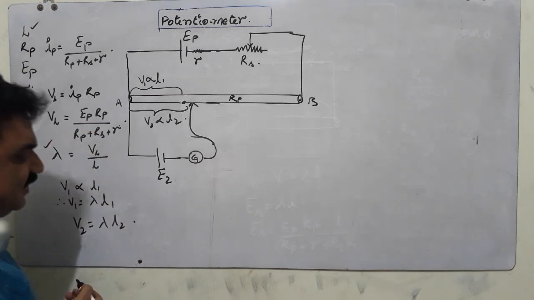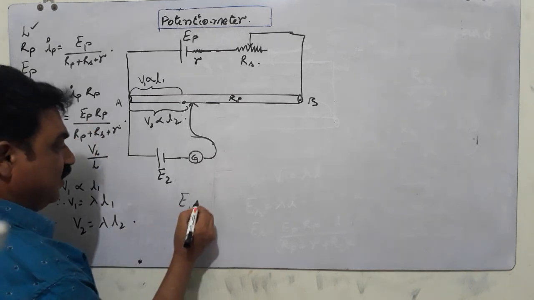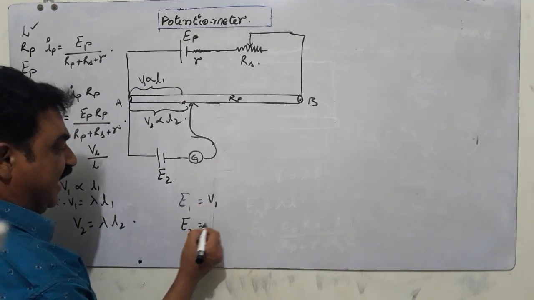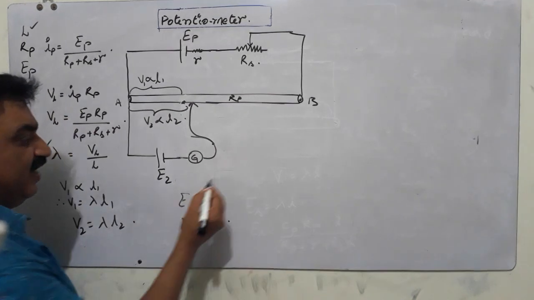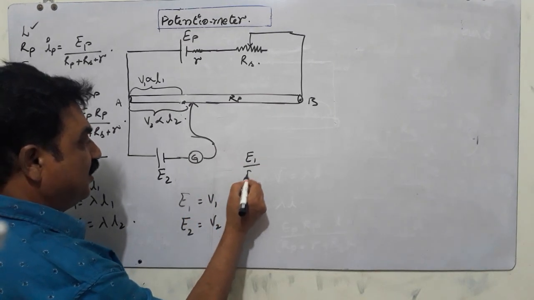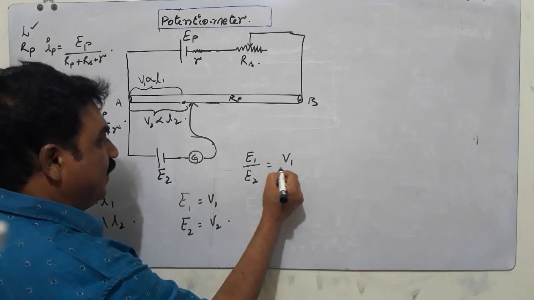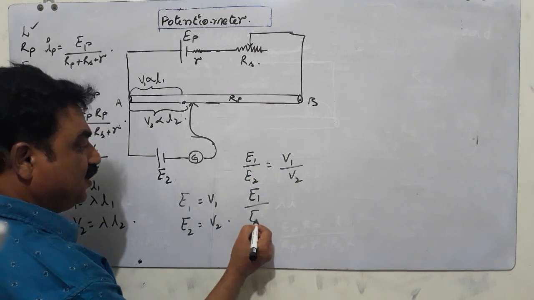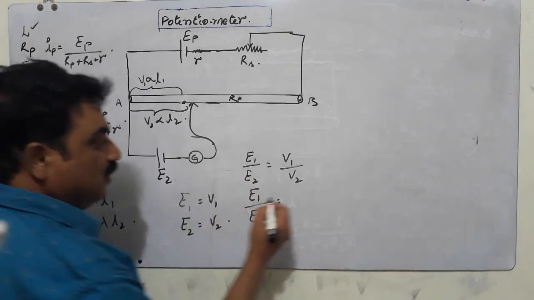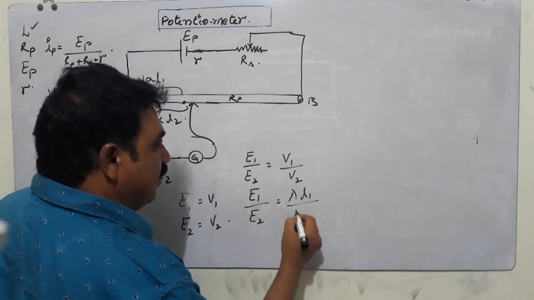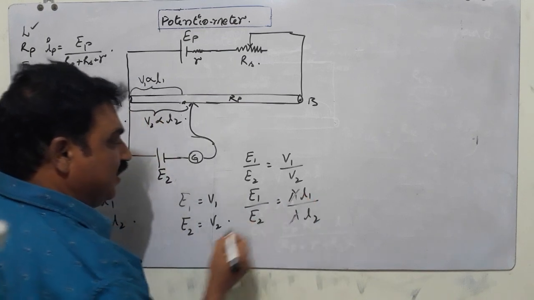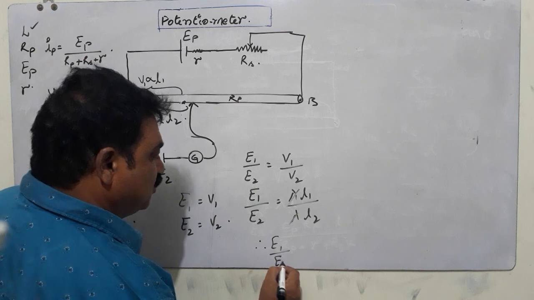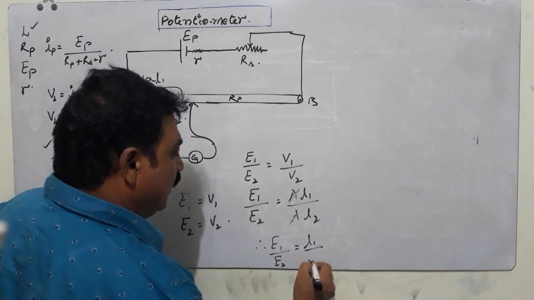In both cases, E1 is balanced by V1 and E2 is balanced by V2. Therefore, E1 by E2 is equal to V1 by V2. Therefore, E1 by E2 is equal to lambda L1 by lambda L2. Lambda gets cancelled. Therefore, E1 by E2 is equal to L1 by L2.